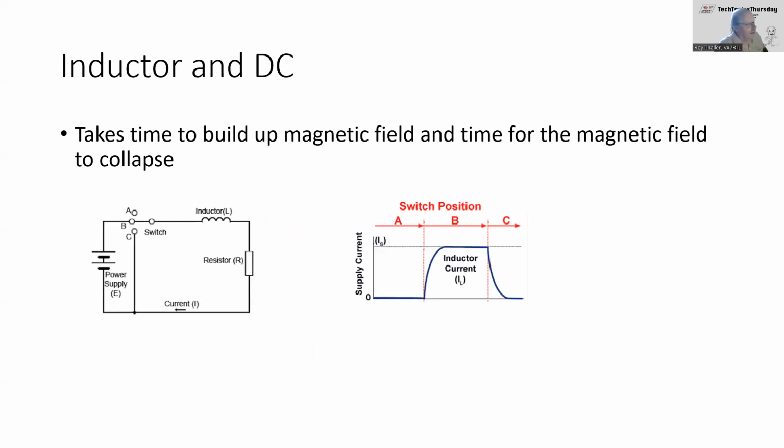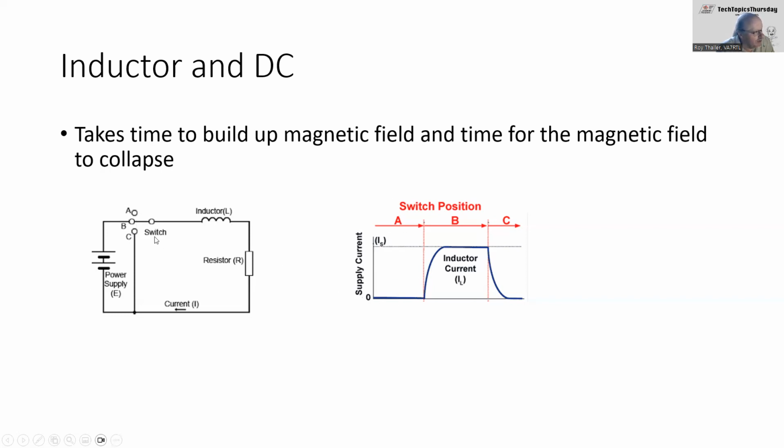So what happens here is that when you apply electricity to it, it builds up a magnetic field. And then when you take the electricity away, the magnetic field drops. So if you build a little circuit like this and have a switch, and you have an inductor and then a load and then a battery. If you look at your supply current, when the switch is in A, nothing is connected.